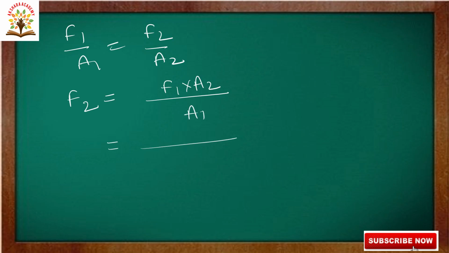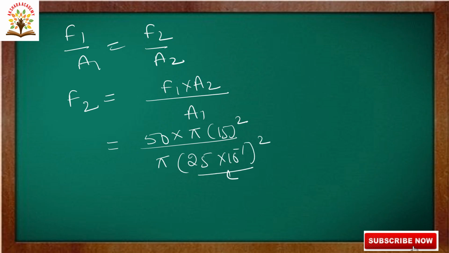Substituting F1 as 50 kilogram weight, and A2 is pi into 15 whole square by A1, which is pi into 225 into 10 to the power of minus 1 whole square by 4.